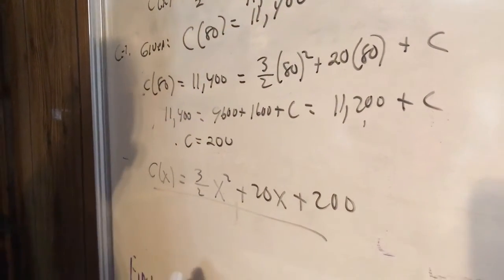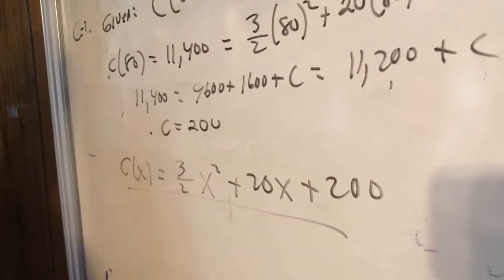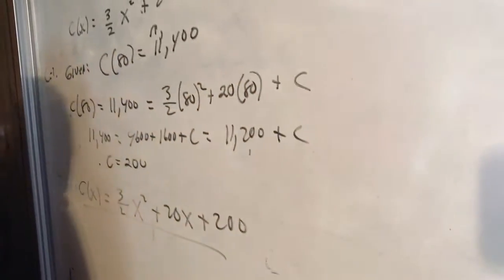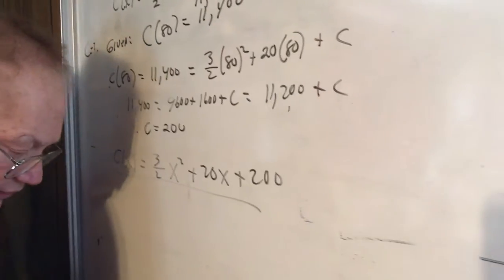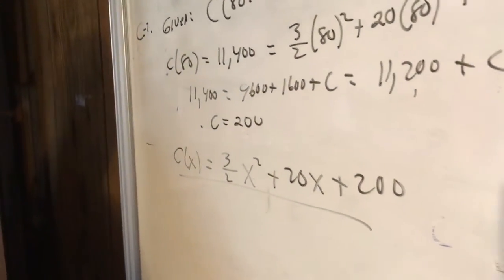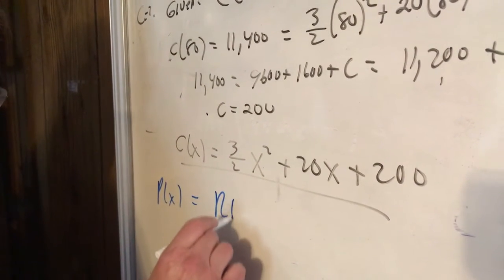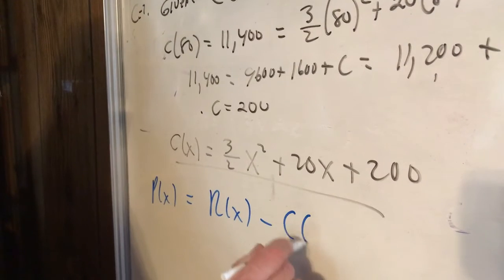So what do they ask you to find now? They ask you to find the profit function. Okay, so let's find the profit function. And the profit function is the revenue function minus the cost function.